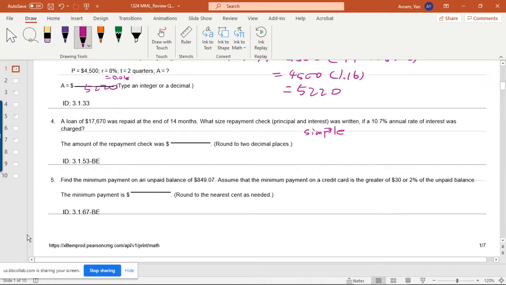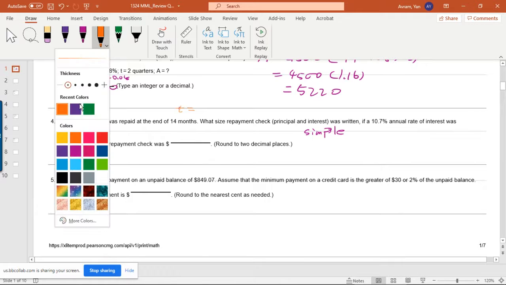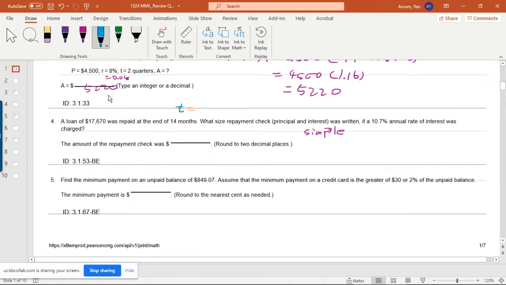All right, so for simple interest, one thing is we have to convert this T into years. 14 months, how many years will that be? 1 year is 12 months, right?